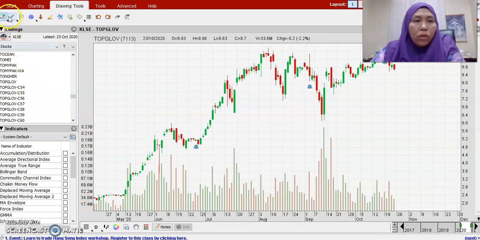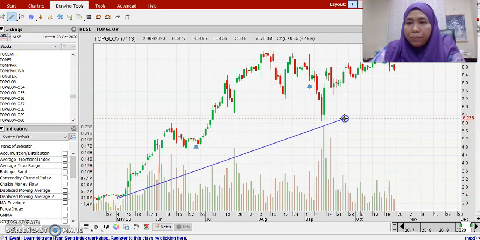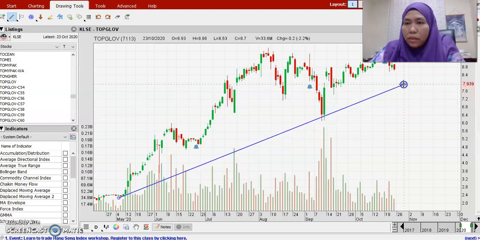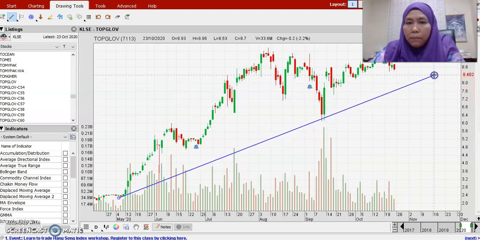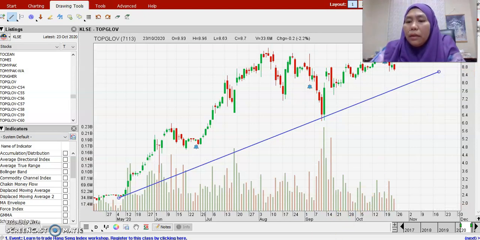If you want to draw the uptrend line, we can see this is the uptrend line, by connecting the two minimum or lowest prices.